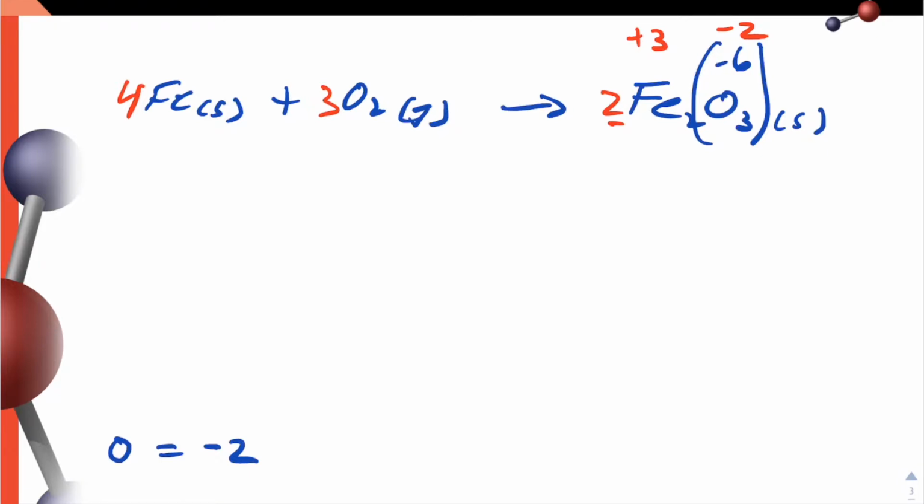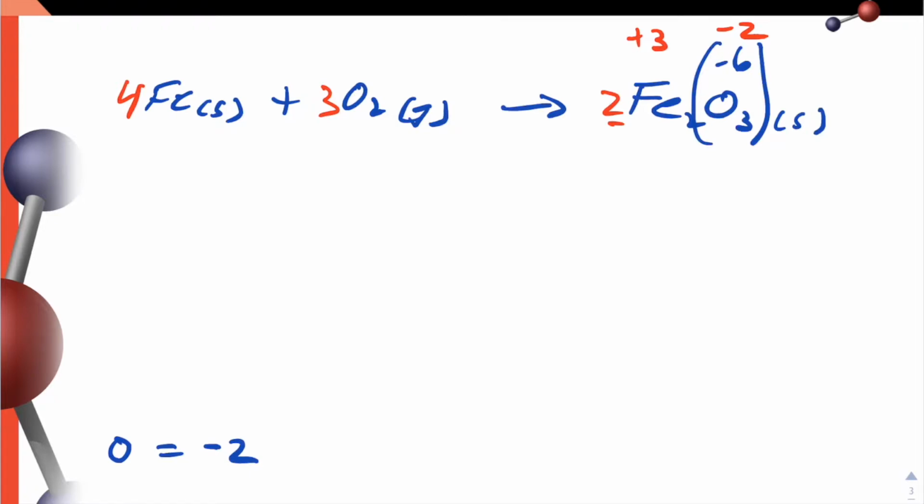All you're looking at is the compound, Fe2O3. So iron must be +3 because that gives us a +6 to balance the -6. So now we know that we have 12 electrons being transferred here total.